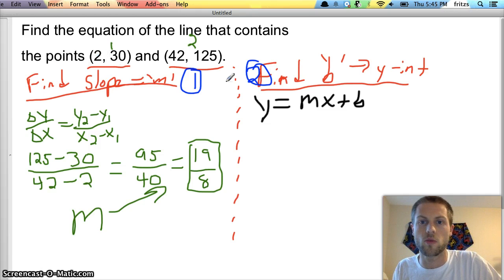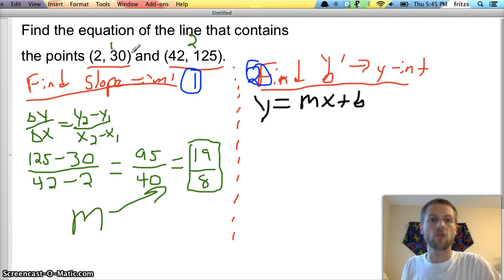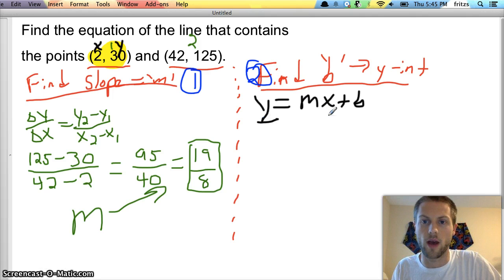Each of these points will be a solution to my equation, so I can pick either one of them to substitute in. So let's take this point here, and I'm going to grab from it the x and the y, and I'm just going to plug them in for my y and my x, and I'm going to plug in my m for my m here.